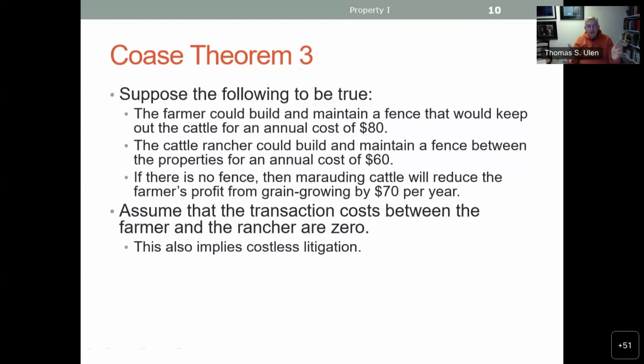If there's no fence, then the marauding or wandering cattle will reduce the farmer's profit from grain growing by $70 per year. Now, assume that the transaction costs between the farmer and the rancher are zero. One last thing that we need to say. Let's examine what happens. Next slide, please.